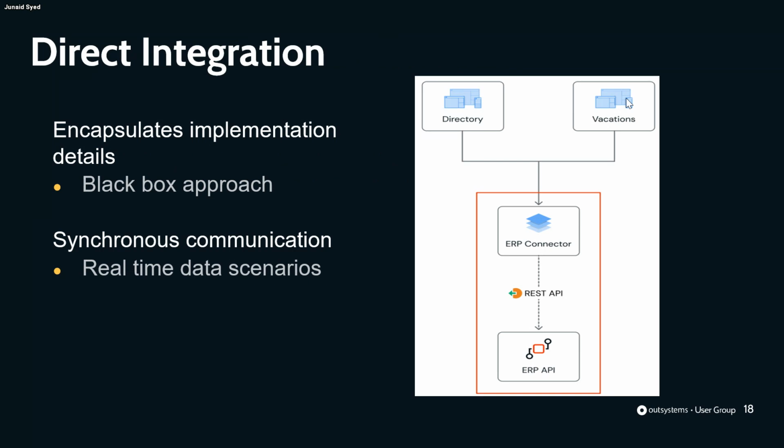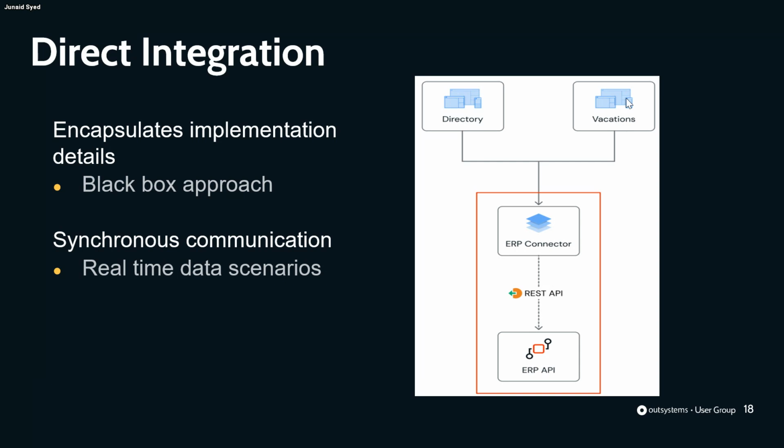We did not want to connect the directory application and vacation application directly to the ERP system through the REST API, because obviously we wanted to introduce a wrapper in between. And for that wrapper we are using a library, which is the ERP connector here, right?